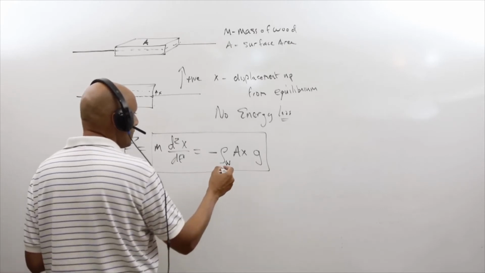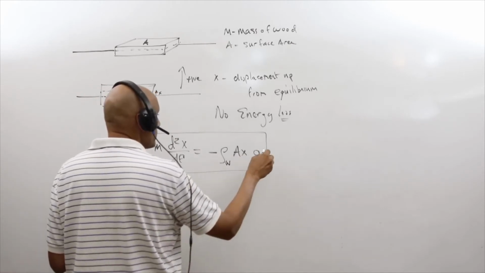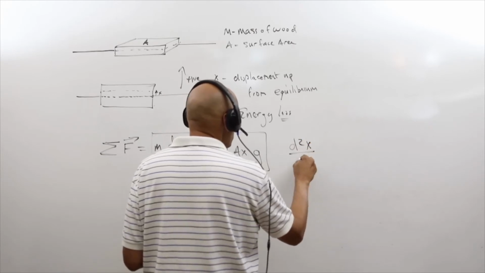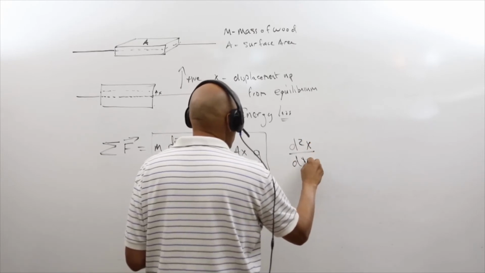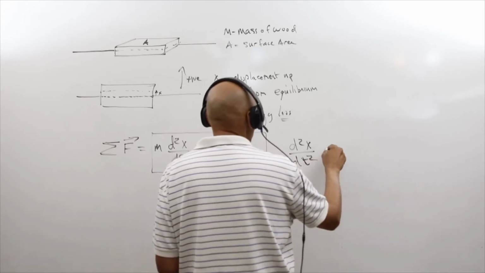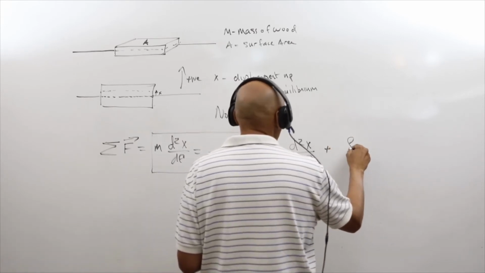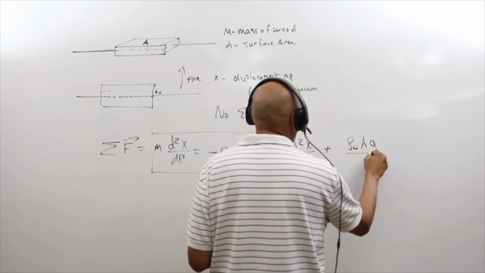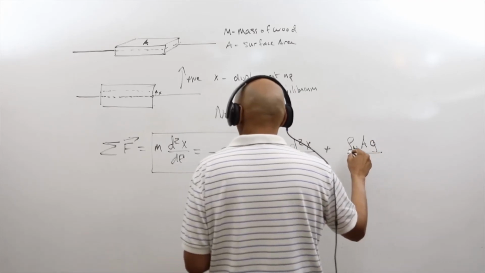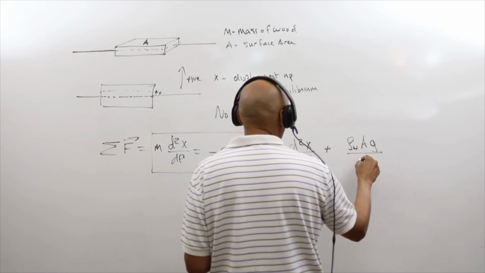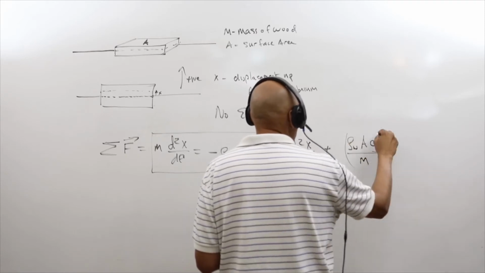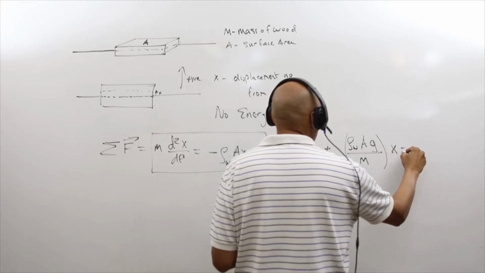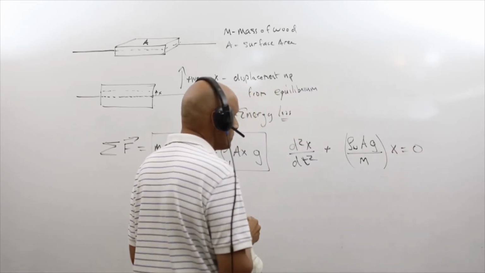So with this in mind, I can move everything to one side. And so we get a second order differential equation: d squared x over dt squared plus the density of water times the area times g over the mass times x equals 0.